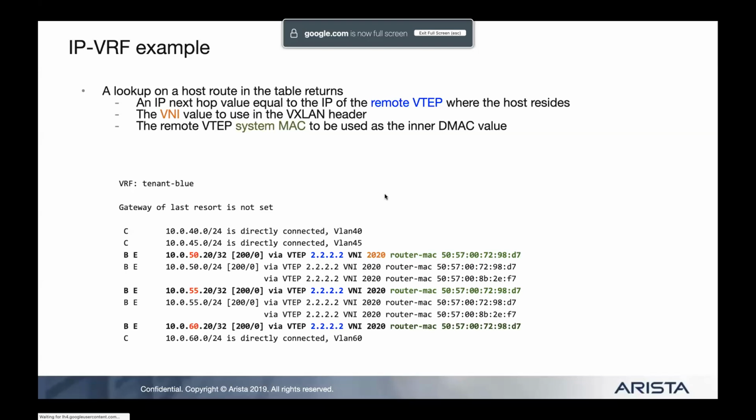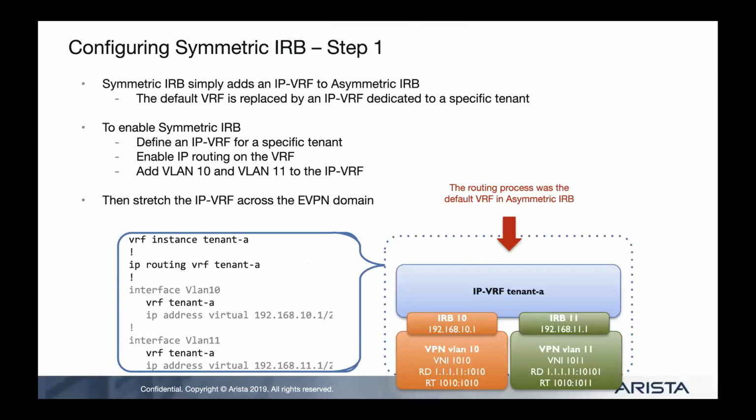So let's see how we are using that information. First let's start with configuration, the basic config. As you see here, this is one VTEP, and let's say you have two SVIs, SVI 10 and 11.